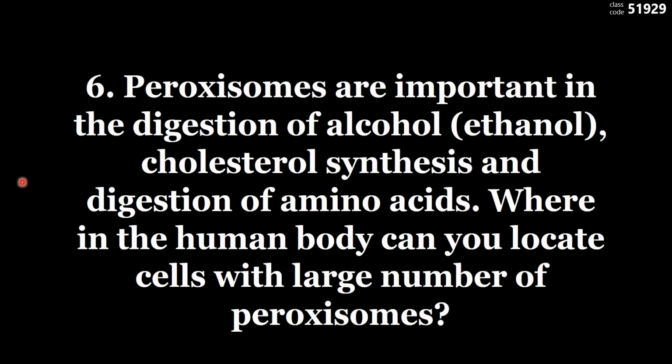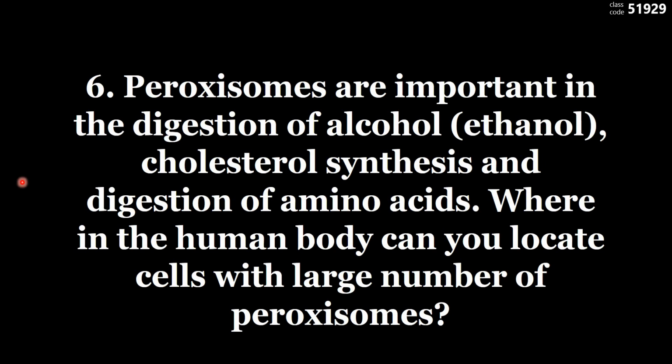Very good. So let's have this one. Answer number 6. What is this? Peroxisomes are important in digestion of alcohol, ethanol, cholesterol synthesis, and digestion of amino acids. Where in the human body can be located cells with large number of peroxisomes?